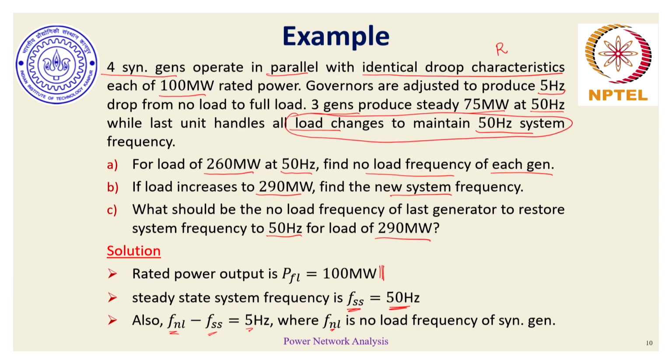So now the new no load frequency for the last unit can be easily figured out. If we restore the frequency of the entire plant to 50 Hz, then our first three units will also generate 75 megawatt at 50 Hz because that was their set point.